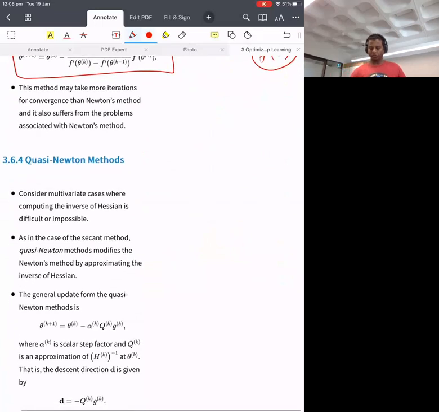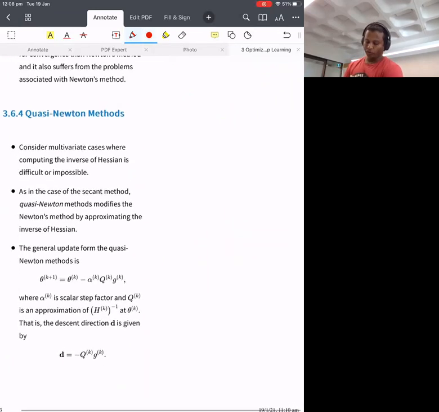To address some of these issues, particularly memory related, where we need to compute the Hessian inverse and store the Hessian, there are methods called quasi-Newton methods. The idea is to approximate the Hessian with a different matrix.